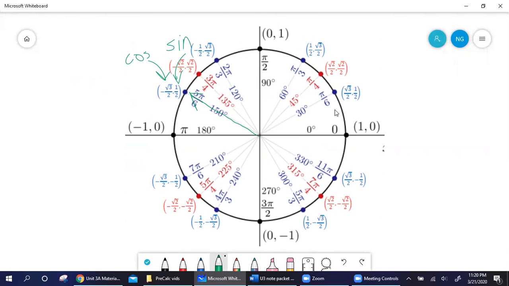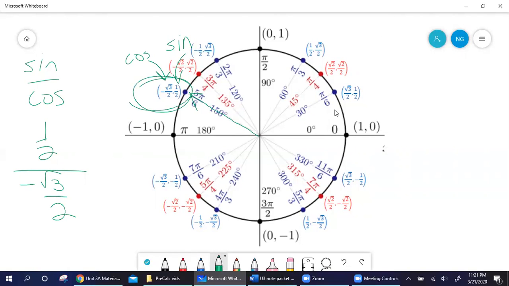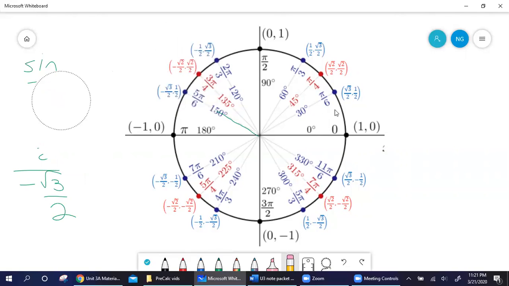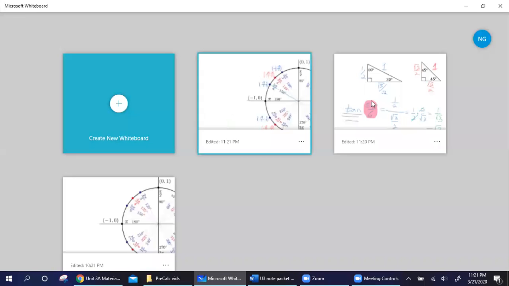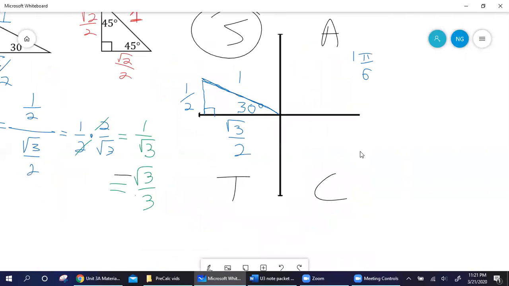I told you in the last video that tangent is sine over cosine. So that would be 1/2 over negative root 3 over 2. There's that negative. And I would do the exact same process. So whether you want to think of it as a point that you're working with, or you want to think of it as a triangle, it's your pick. I prefer the triangle because I like using SOHCAHTOA. But it really doesn't matter which one you pick.